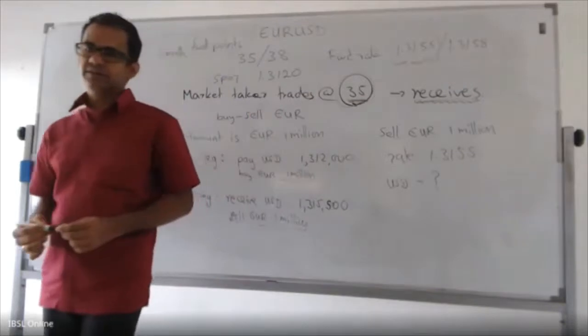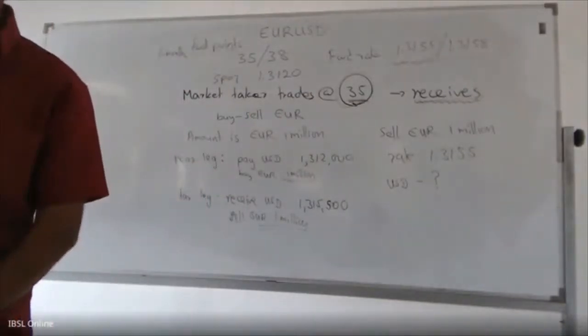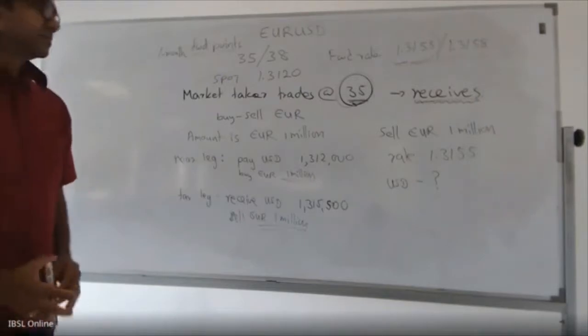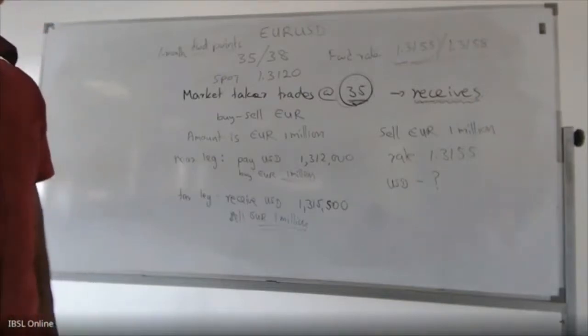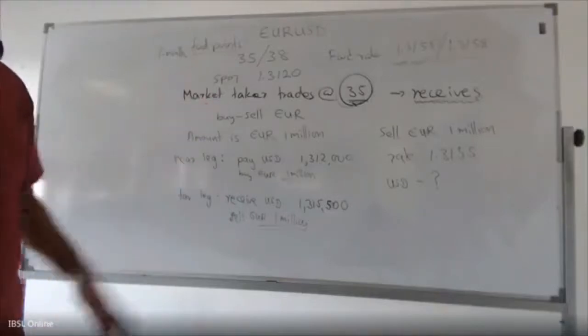How do you calculate that? Is it multiplied by 1 million? 1 million into this rate.